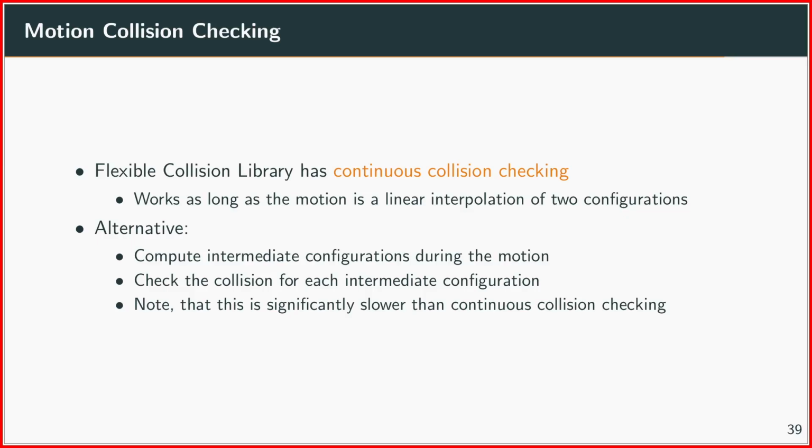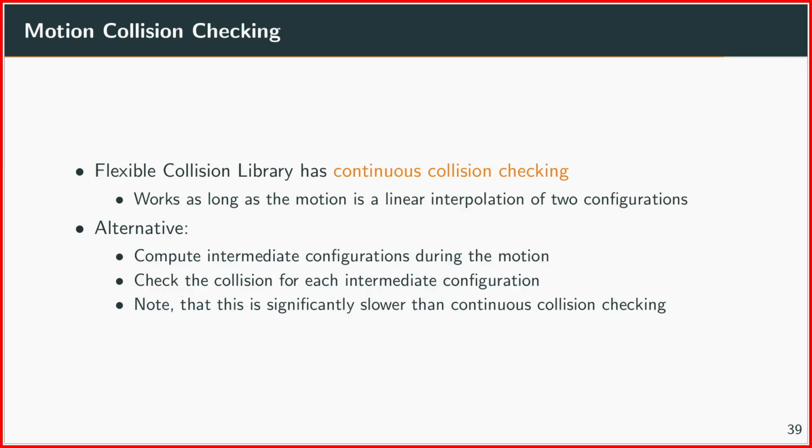So one thing we looked at was the Flexible Collision Library, which can do collision checking, and something which it can also do is continuous collision checking. This is basically the idea of checking directly if an edge is valid, so basically multiple points of a robot instead of just checking if one configuration is valid.